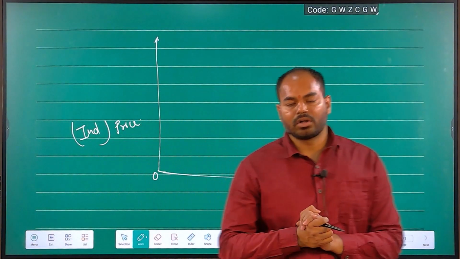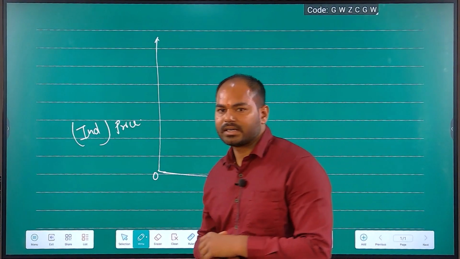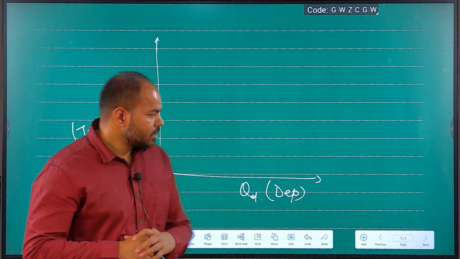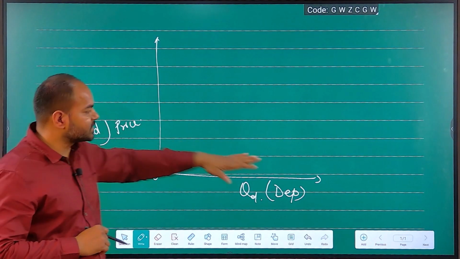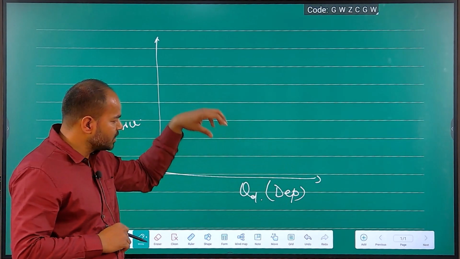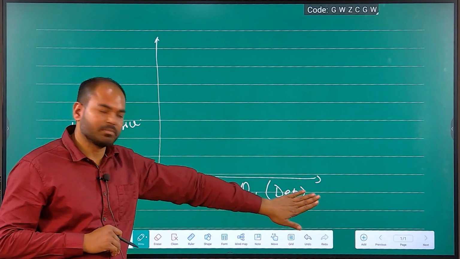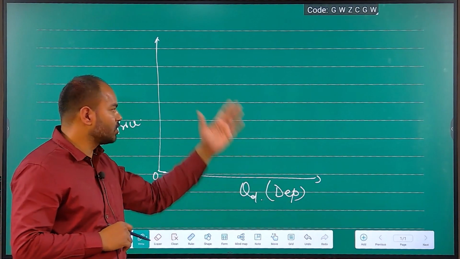As per the knowledge of graphs that we have understood in class 11 and 12, graphs suggest that on the x-axis we generally keep the independent variable, but in our case we are keeping the dependent variable there. That is the exception for the law of demand.